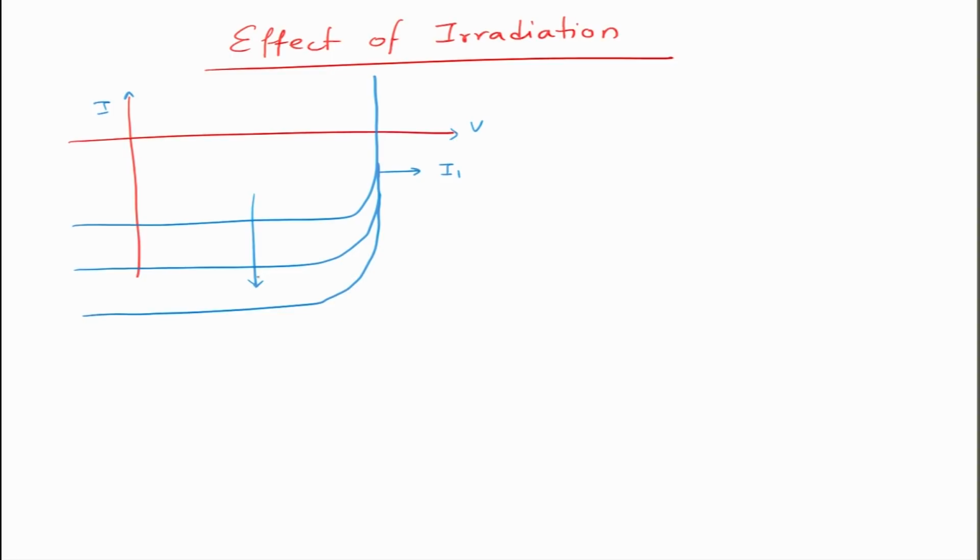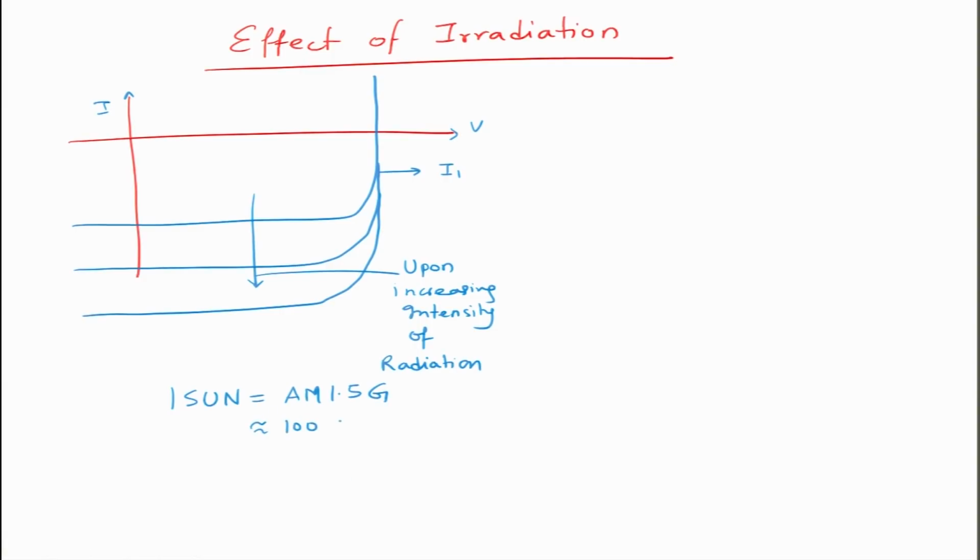So, this will be upon increasing the intensity of radiation. As we said earlier, we defined this in 1 sun, right. 1 sun is equal to AM 1.5 G, which is equivalent to 100 milliwatt per centimeter square.